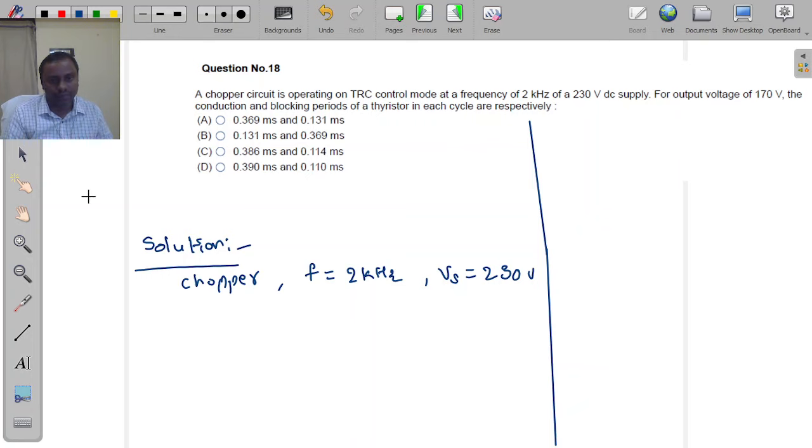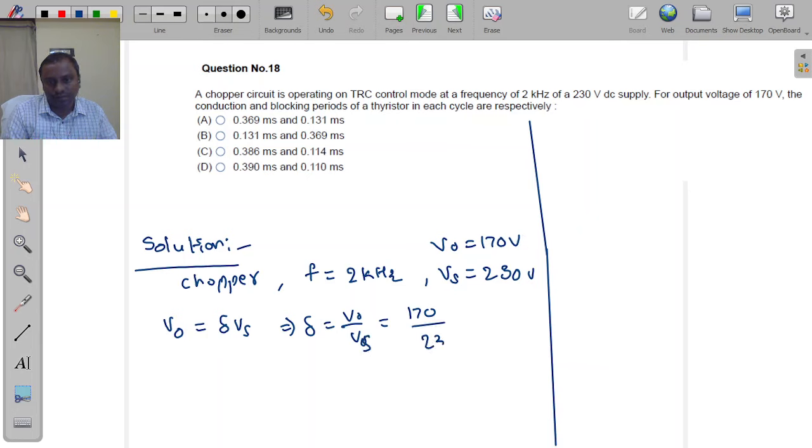Now, average output is delta times the Vs. From this, delta is V0 by Vs. We require V0 as 170. They given output voltage is 170 volt, and Vs is 230 volt. So delta becomes 0.739.